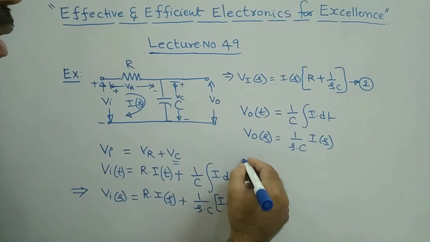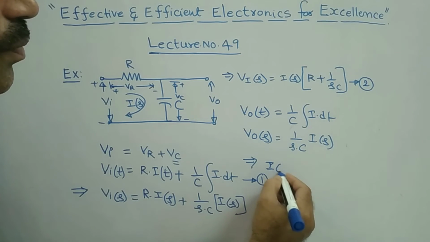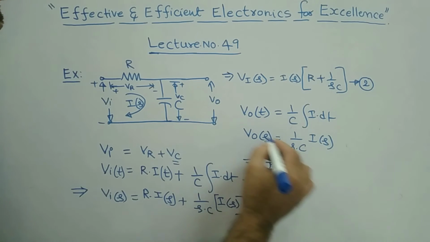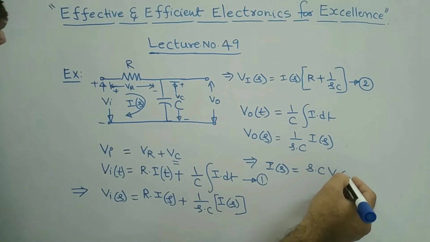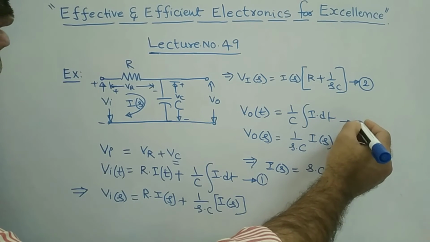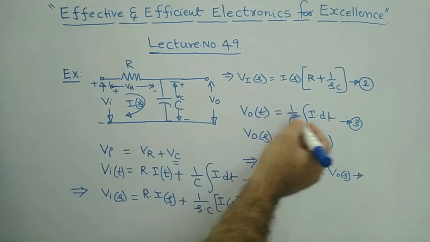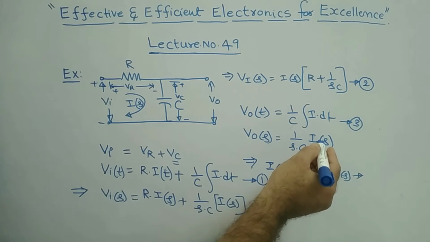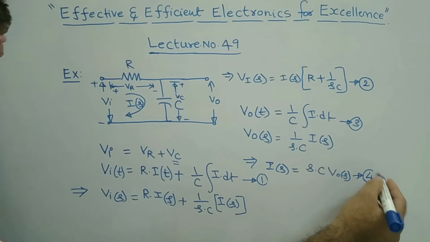So from this expression you write I of S. Cross multiplying, I of S is equal to S into C into V0 of S. You can call this equation number 3, because we are writing the expression for V0. Finally, from this you apply the Laplace transformation and take the value of I of S, and you give it number 4.